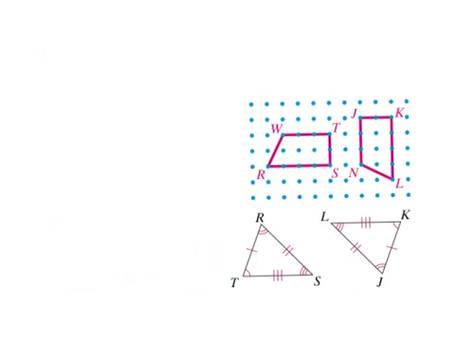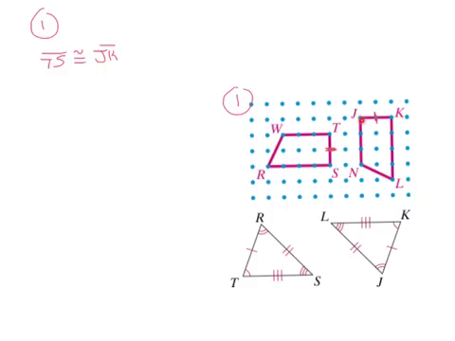So if we look at these two examples over here, if we take this first one, looking at lengths, well, TS is going to be congruent to JK. I know that because this goes down two boxes, so this also has a length of 2.